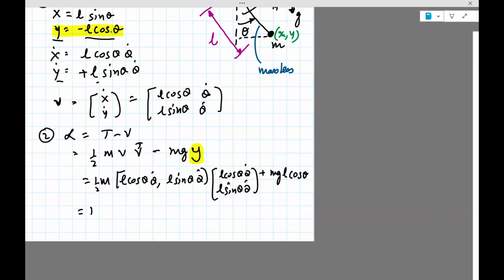Okay, so we can take the matrix product. You'll get a scalar: L squared cosine squared theta theta dot squared plus L squared sine squared theta theta dot squared, and you can use the identity that cosine squared plus sine squared is 1 to get half m L squared theta dot squared plus mgL cosine theta.